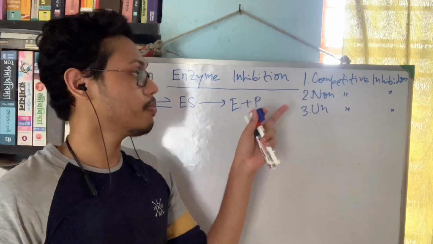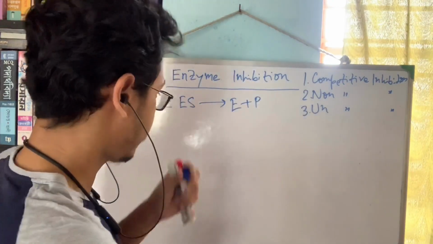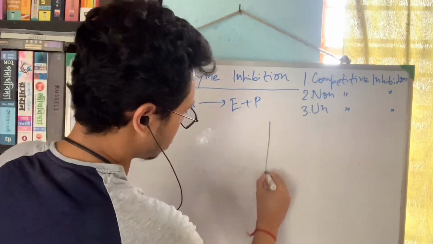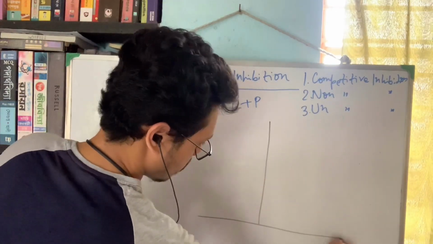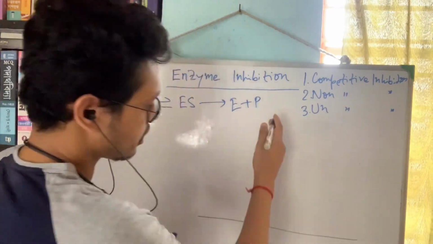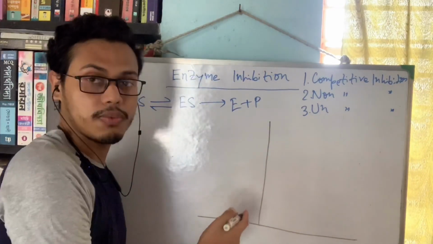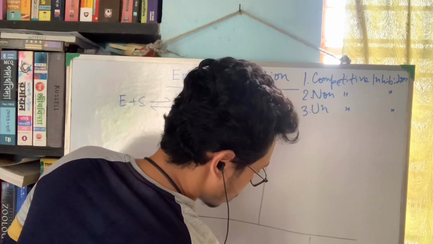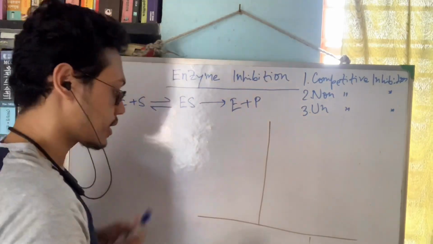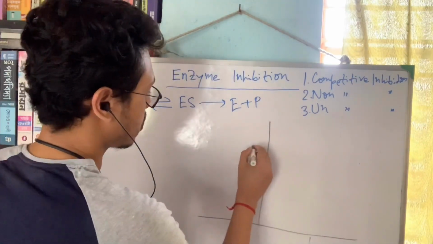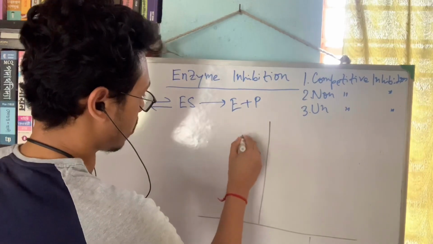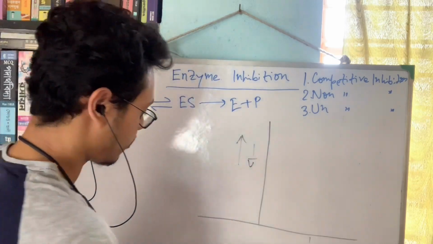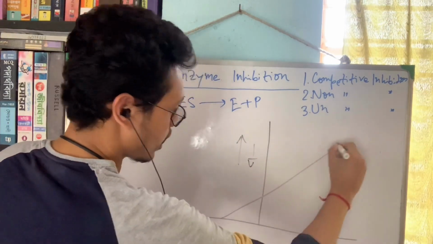What is formed in case of competitive inhibition? At first, the normal graph we have seen: if we draw the line over bar plot, this is the 1 by S, substrate concentration, on the x-axis, and 1 by V on the y-axis, and the graph is like this.